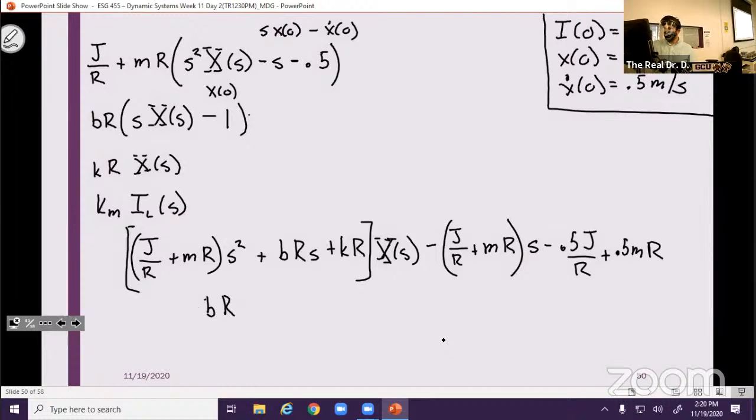So I took all of my X of s terms, that's the first term. This is everything that has to do with X of s.